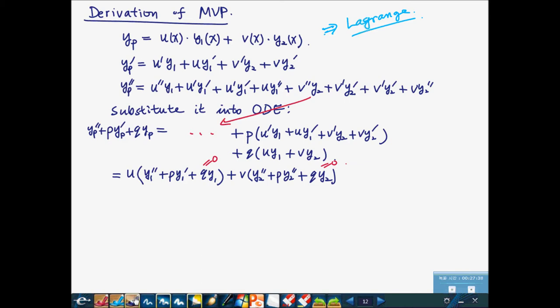All right. That's what Lagrange did. Okay? And the rest of the terms are plus U double prime, U prime Y1 prime.